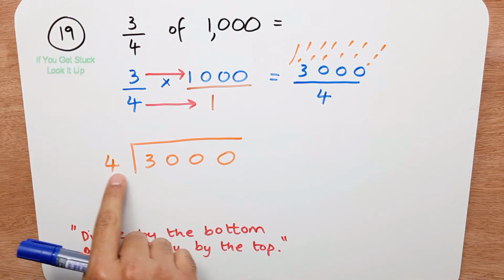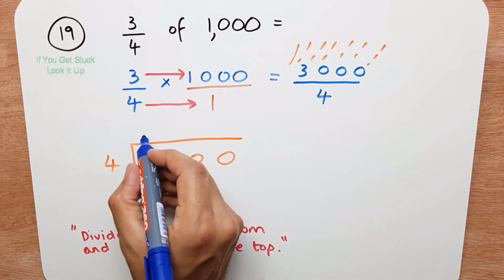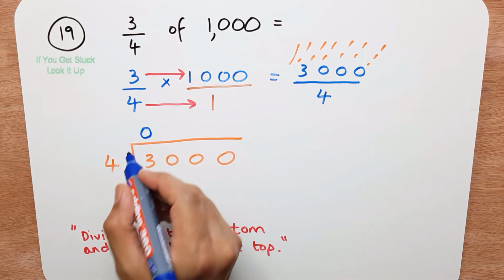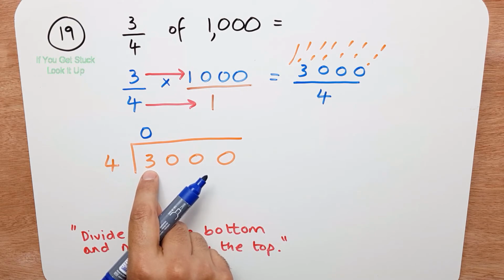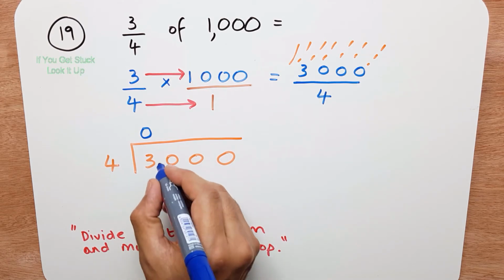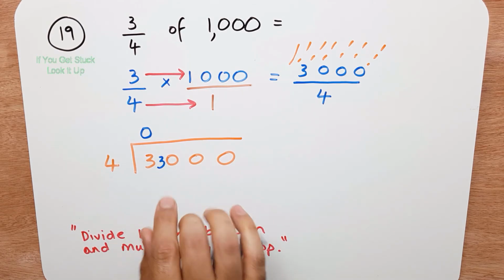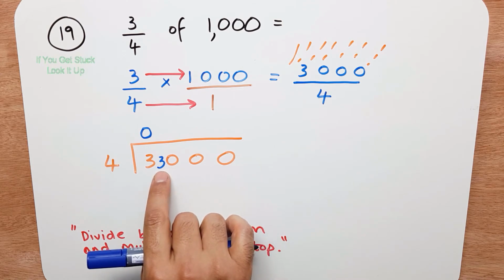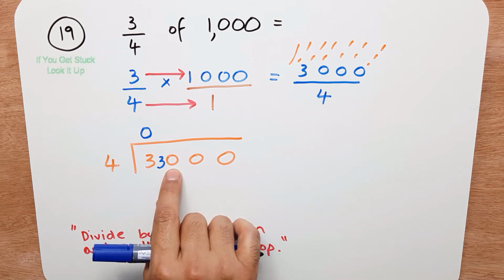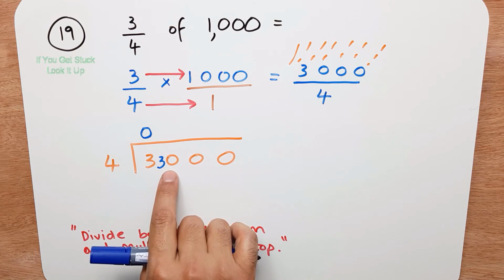Now, how many 4s are there in 3? I've not got enough. So this 3 is like a remainder and gets carried over to the next column. Now this 0 becomes 30. How many 4s are there in 30?